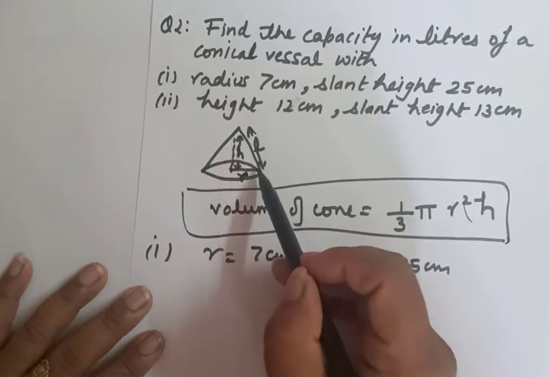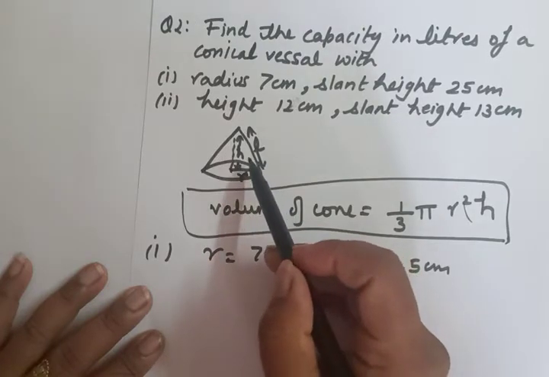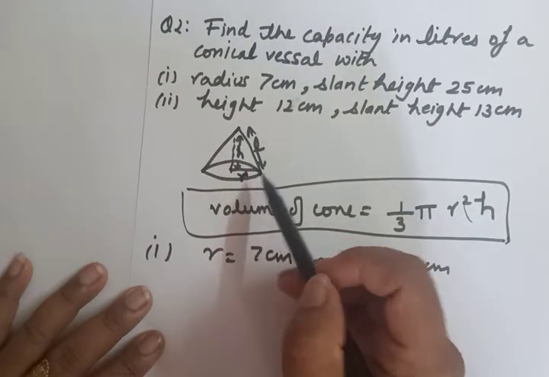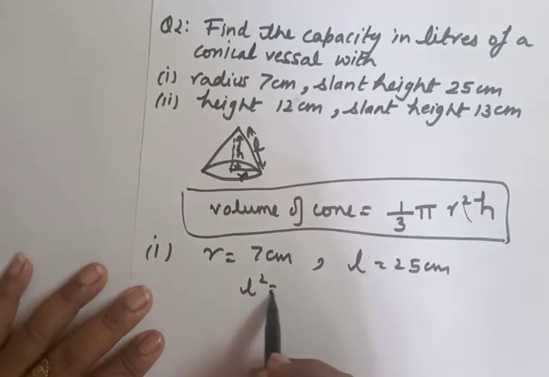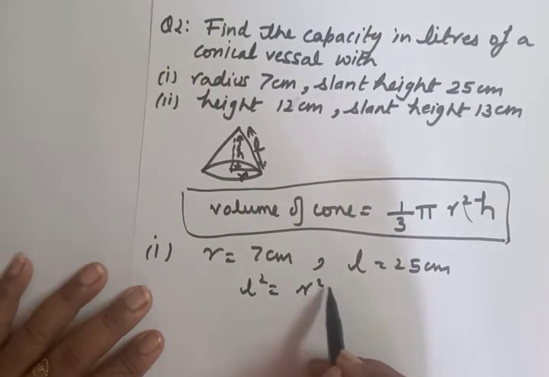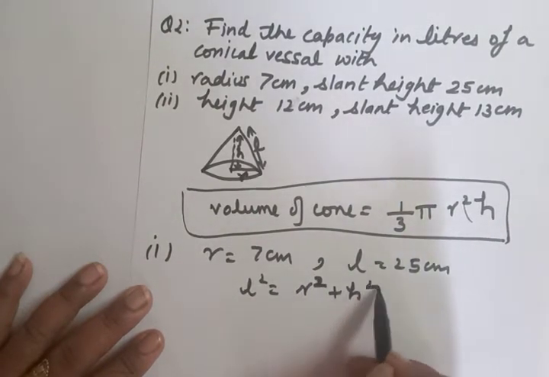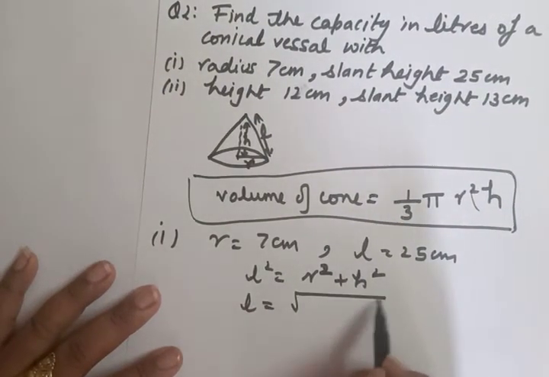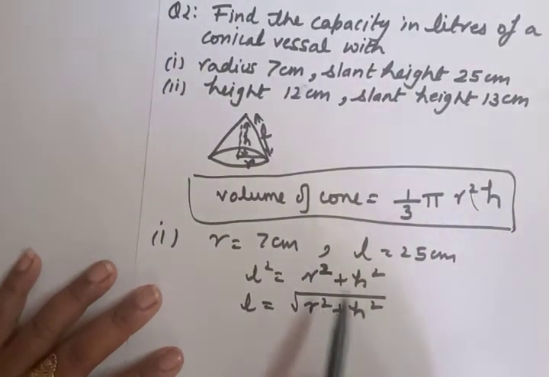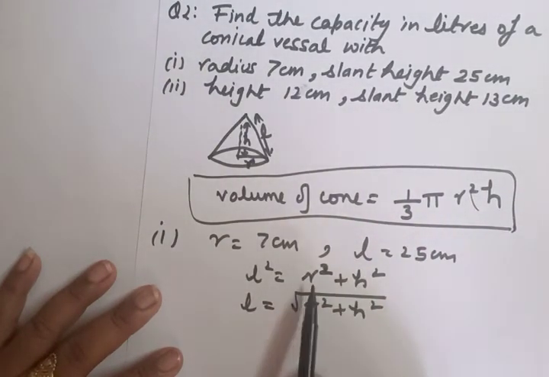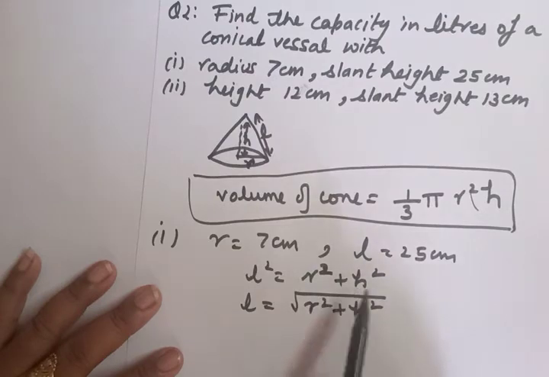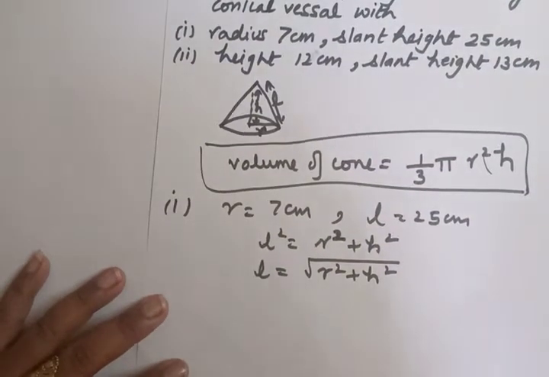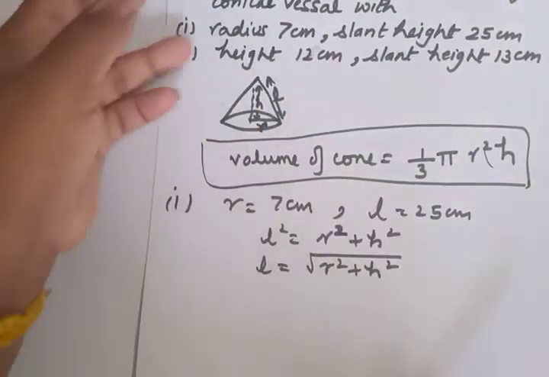Hypotenuse square is equal to perpendicular square plus radius square. It means L square is equal to R square plus H square, so L is equal to under root of R square plus H square. Here L and R are given, but H we need, so we can use this relation to find the value of H.